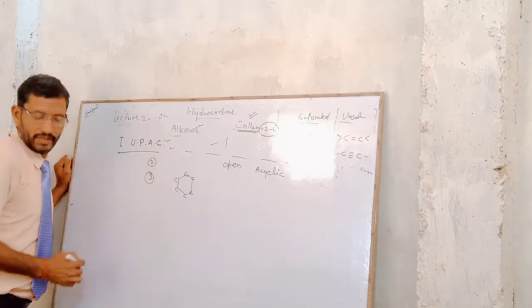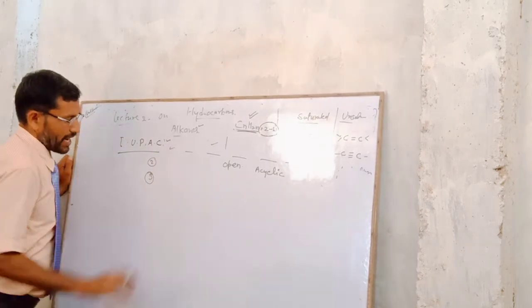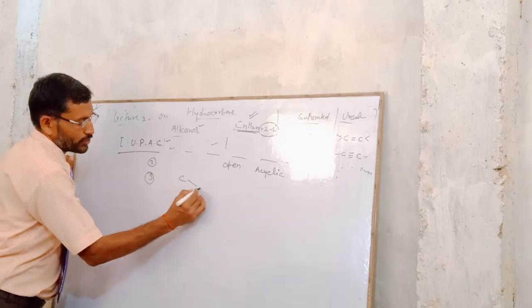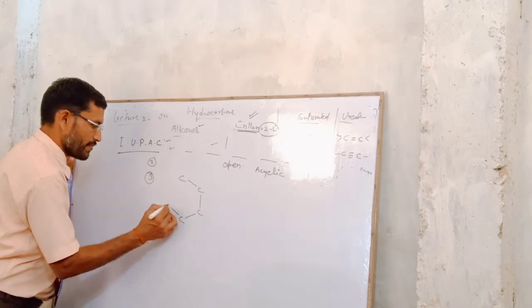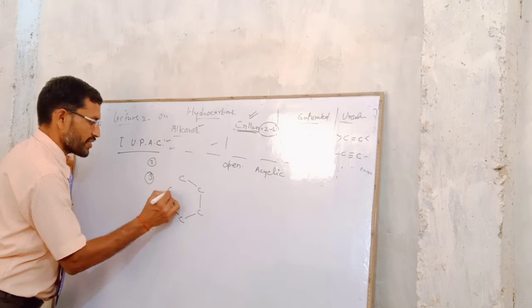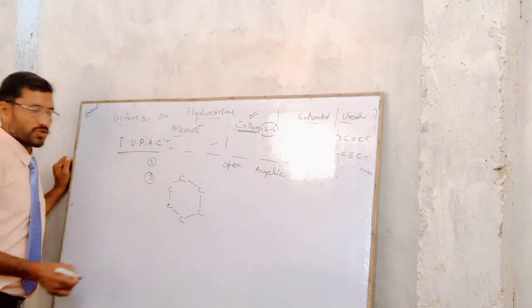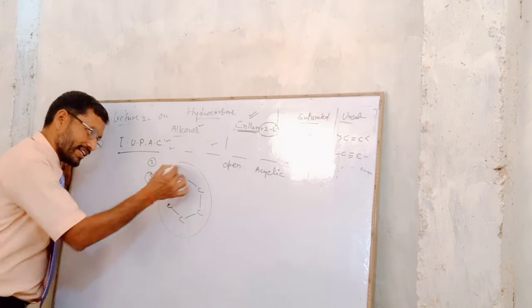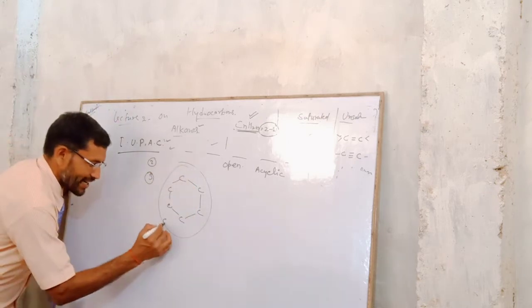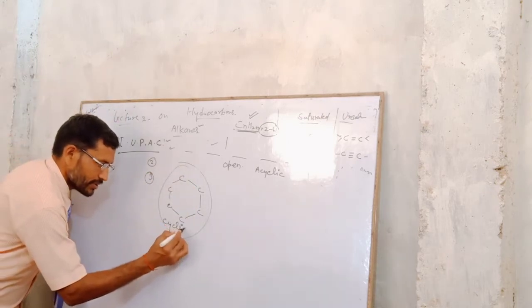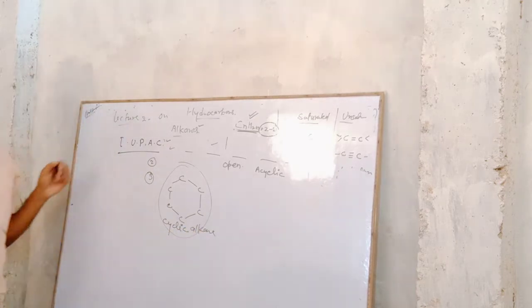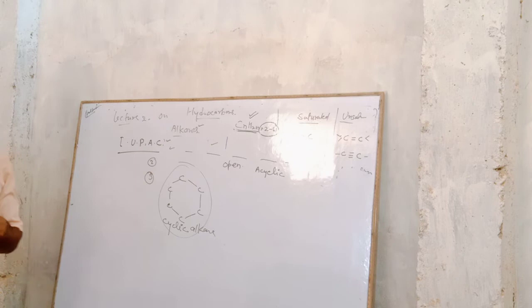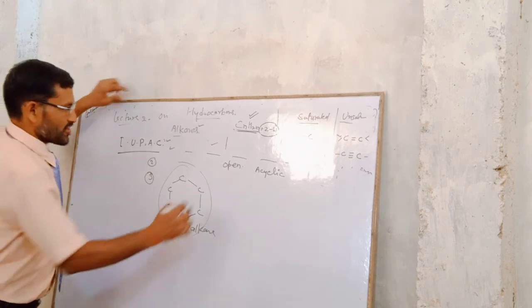Suppose we have one carbon, two carbon, three, four, five, it may be six carbon. So a complete cycle is there, so called cyclic. Cyclic alkane, cyclic hydrocarbon.